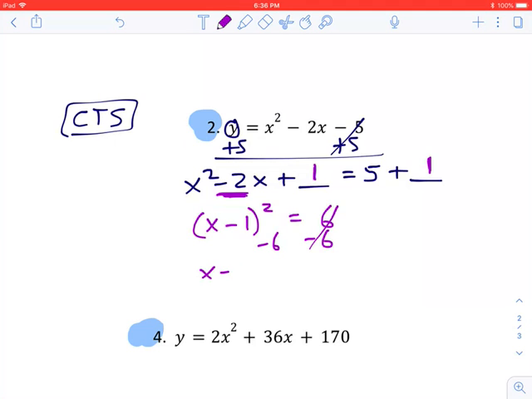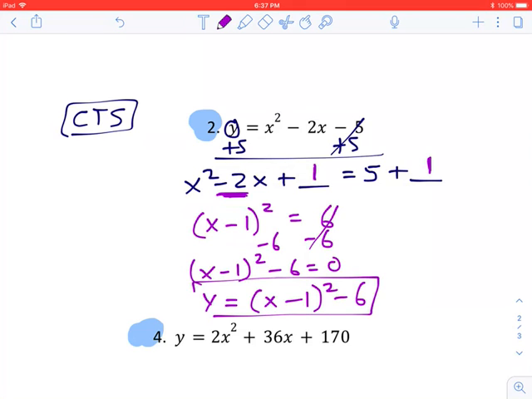So x minus 1 squared minus 6 equals 0. Then replace the 0 with y to return it to vertex form. And there we go. So my vertex here is positive 1 and negative 6. So there's my vertex form.